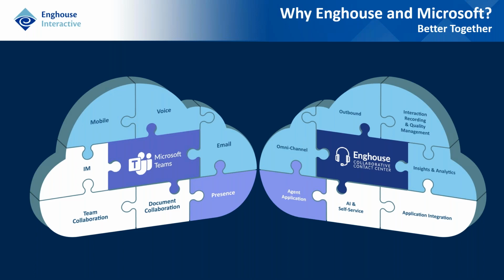So why are we interested in what's happening with Microsoft and Enghouse? It's about working together. Microsoft provides a complete UC suite with telephony, collaboration, etc., CRM. But what they don't provide is some of the point solutions around specific customer engagement. And that's where we come in with the contact center, with all our add-on capabilities across our whole product suite.